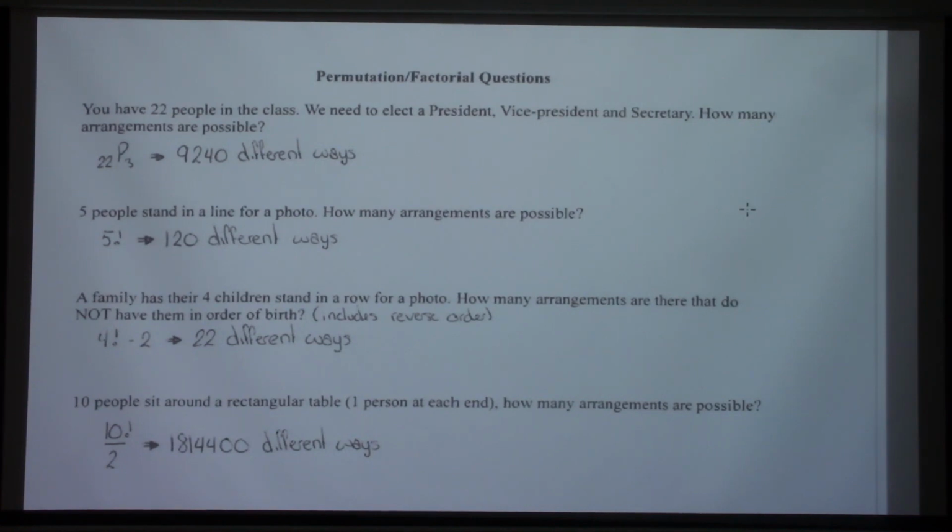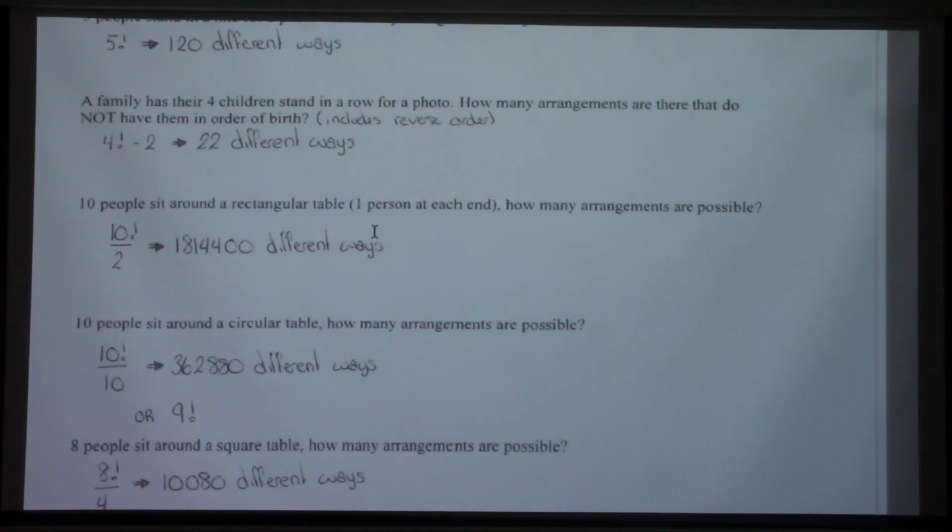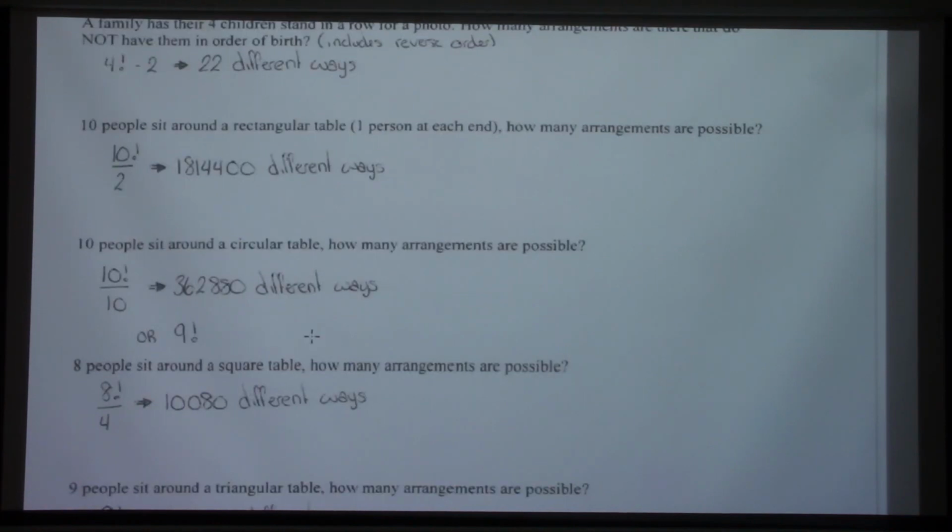And so for a situation like 5 people standing in line for a photo, that's just going to be 5 factorial. But when you get into other situations where, for example, someone is sitting around a circular table, it's actually quite a different pattern because there's no start or end to the table like there is with a straight line.